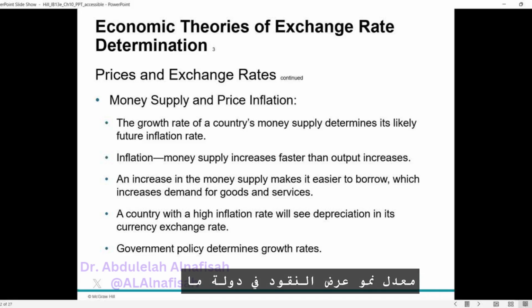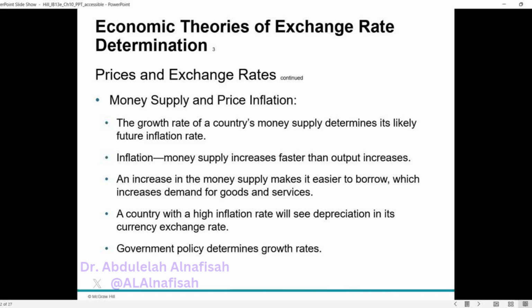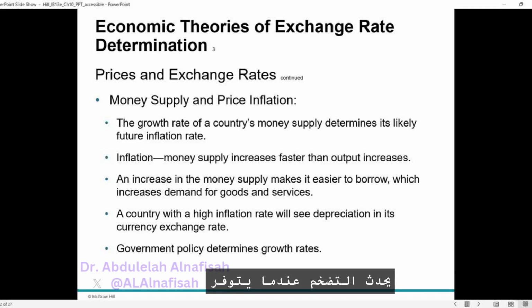The growth rate of a country's money supply is a key factor in predicting future inflation, as an increase in money supply without a corresponding increase in output leads to inflation. Inflation occurs when more money is available, causing increased demand for goods and services, which drives up prices. This imbalance between money supply and output growth leads to currency depreciation.